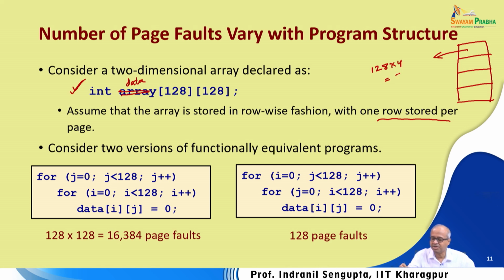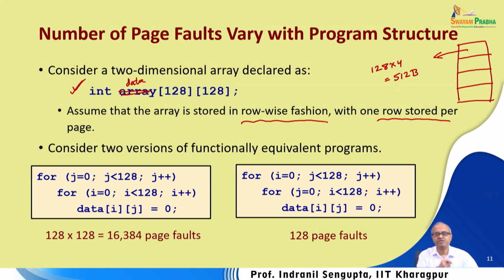So, I am actually talking about 512 bytes. So, I am assuming the page size of every page frame is 512 bytes, and also I assume that the array is stored in memory in row-wise fashion: first row number 0, row number 1, row number 2, like that.